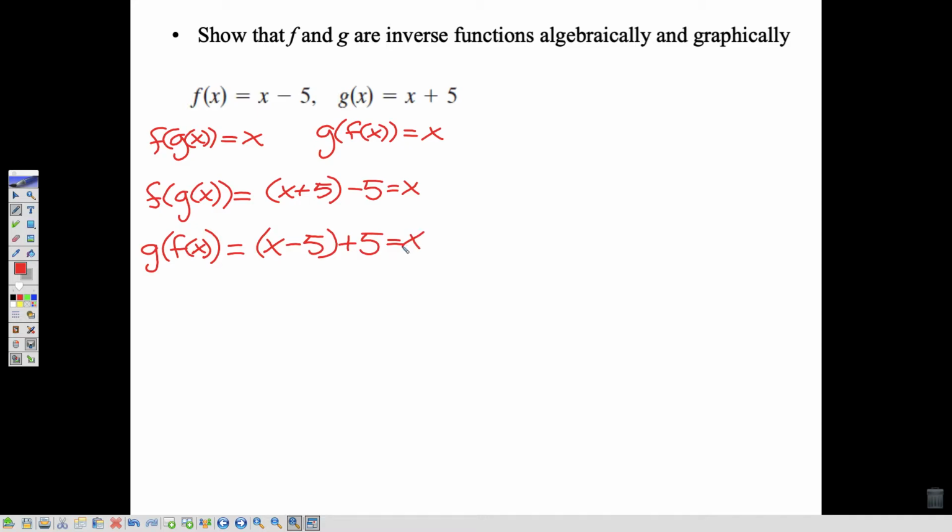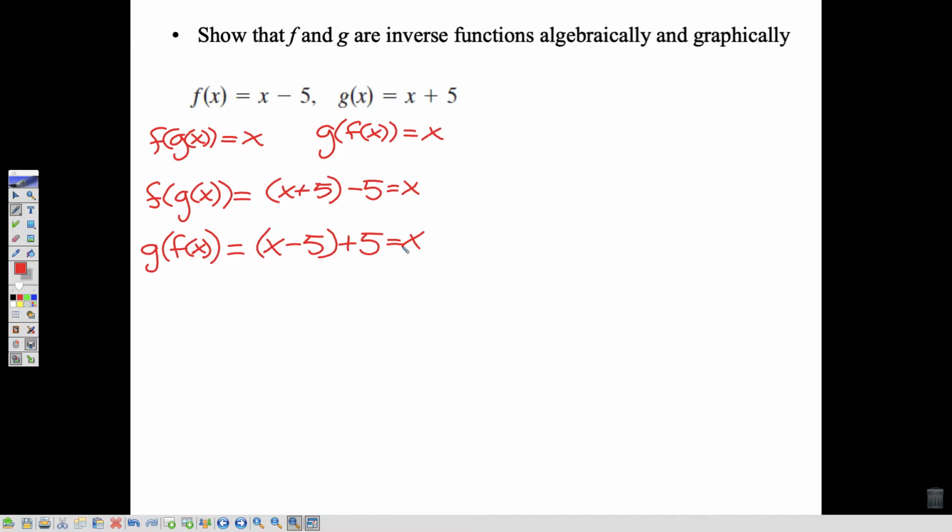Sometimes when I write the parentheses around x plus 5 and then in parentheses negative minus 5, I think of it as times negative 5, and it confuses me. It would be times negative 5 if the negative 5 was in parentheses. Does that make sense?